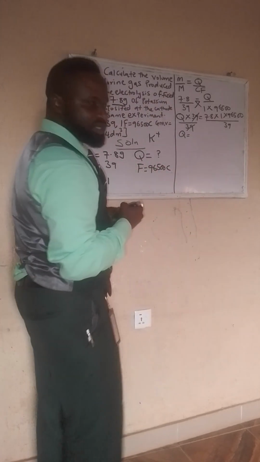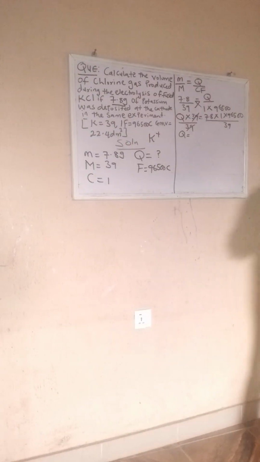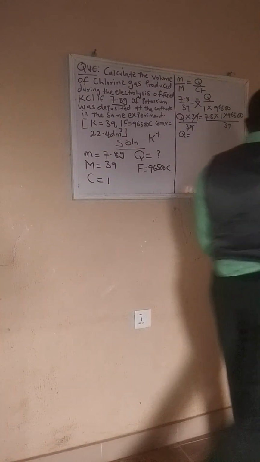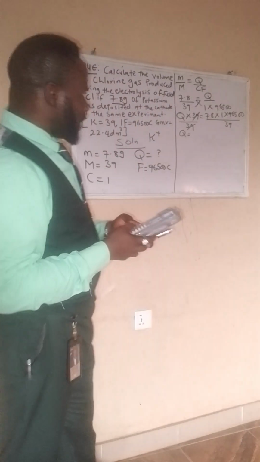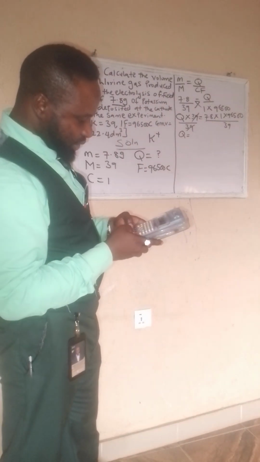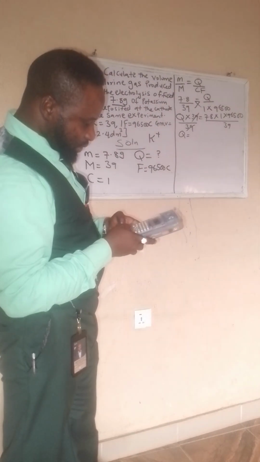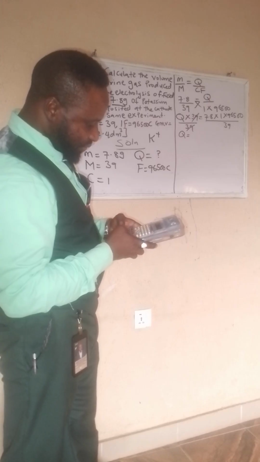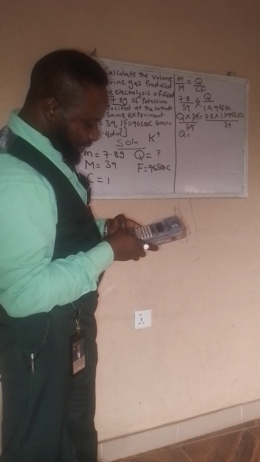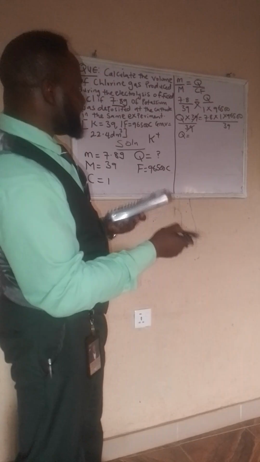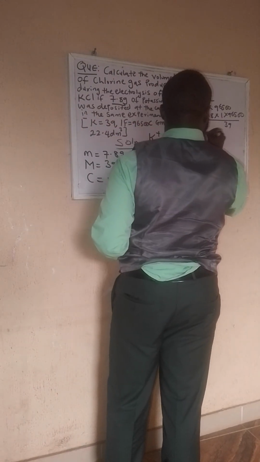So Q here will now be what? If you press this on your calculator, you are going to have 7.8 multiplied by 1 multiplied by 96,500 divided by 39. That gives 19,300 coulombs.